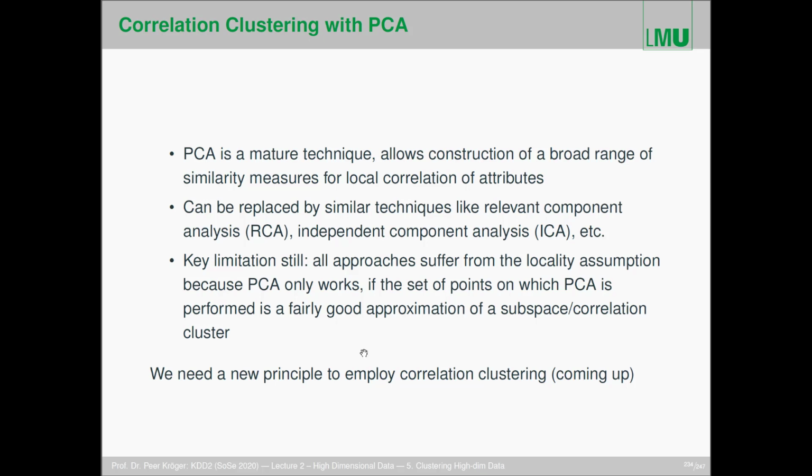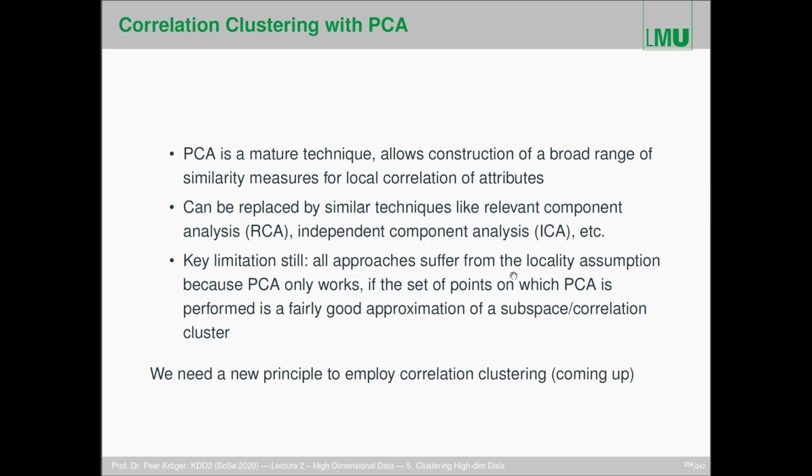So it's really a good thing. It can also be replaced by similar techniques like relevant component analysis, independent component analysis, or any other thing that somehow computes directions of high and low variances, and the output can then be used to construct similarity measures. But the key limitation is still alive.